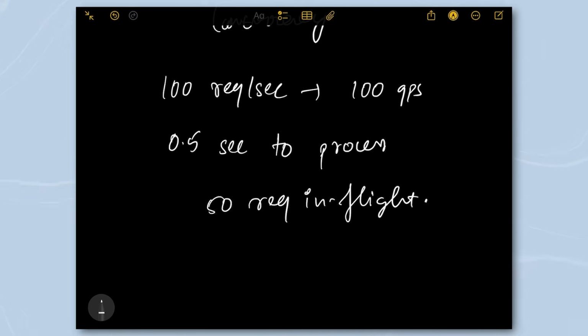Also, in-flight requests are the primary driver of dynamic memory usage in your backend application or systems. A system does not consume memory just because it exists; it consumes memory because it is doing some work. Every single in-flight request requires a slice of RAM or memory to exist. Obviously, it will sit somewhere because it has some data within it that needs to get processed.